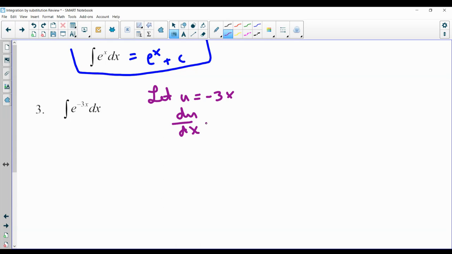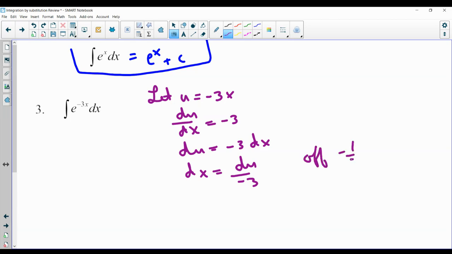du/dx is -3. Solving, I'm going to bring over the dx this way, and ultimately dx is equal to du over -3. Sometimes when I look at this, I think, oh, what am I off by? Because you're off by this -1/3. Anyway, I'm going to come over here.